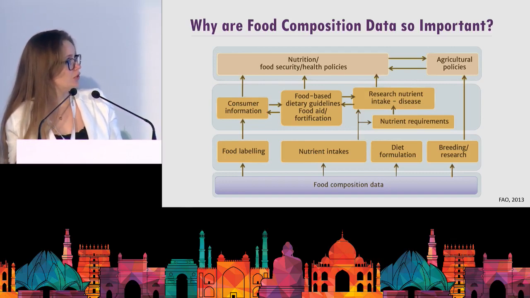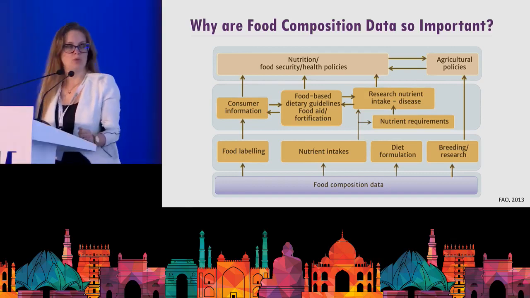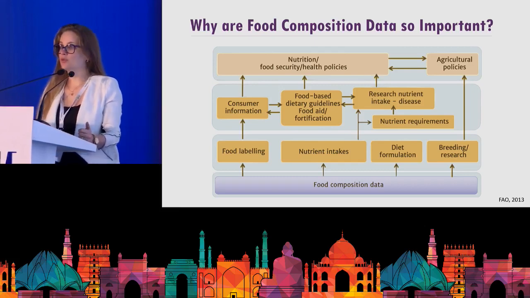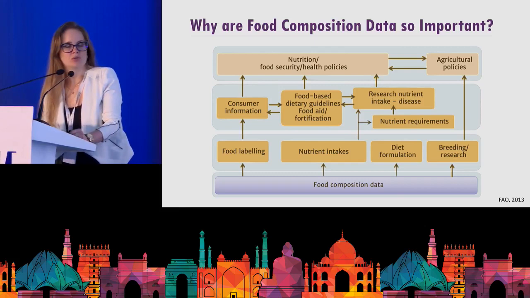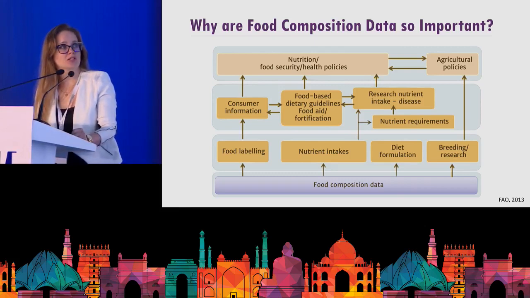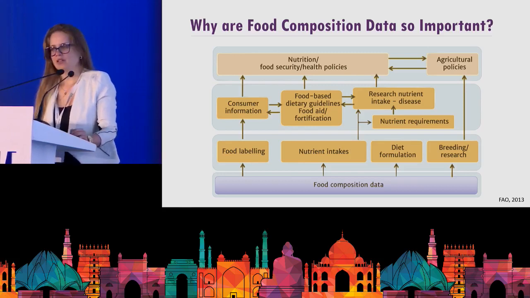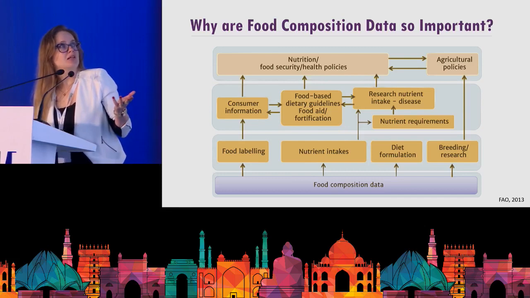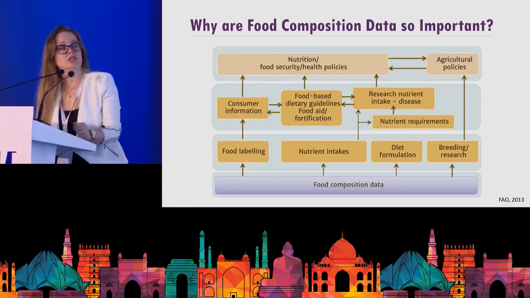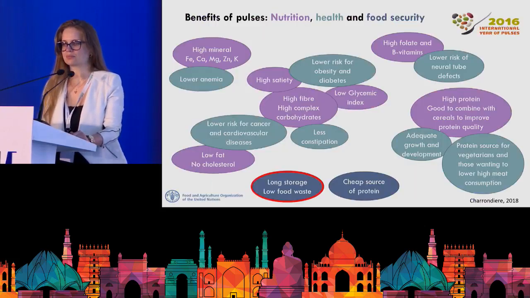We can also use food composition data for diet formulation, for food labeling, to estimate nutrient intakes, which will be the basis to establish the nutrient requirements, and also for research that links nutrient intake with disease, to establish food-based dietary guidelines and food fortification. So many activities that will result in policies and programs related to nutrition, food security, and health.